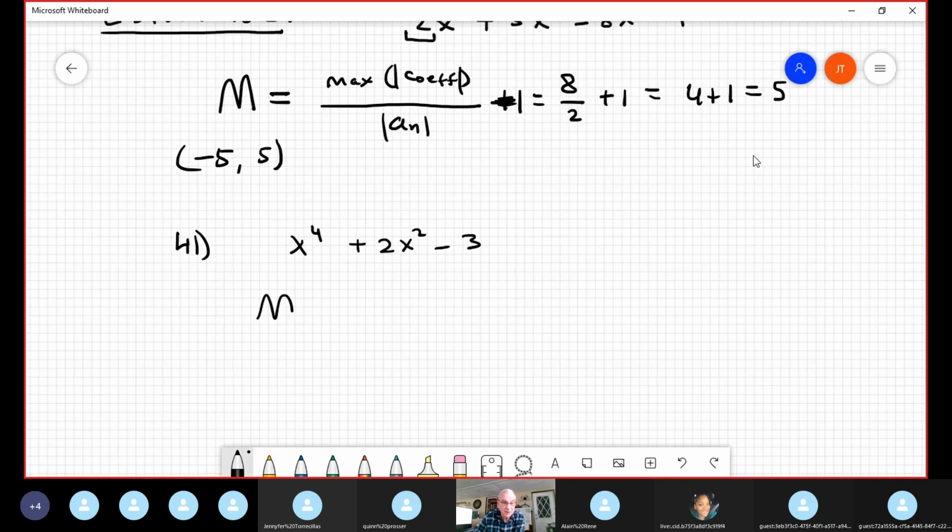The formula for the capital M: you take the highest coefficient, 3, divided by the leading coefficient, 1, plus 1, is 4. So you can affirm that the interval in which the zero lies is in between negative 4 and positive 4. Do you understand the idea?